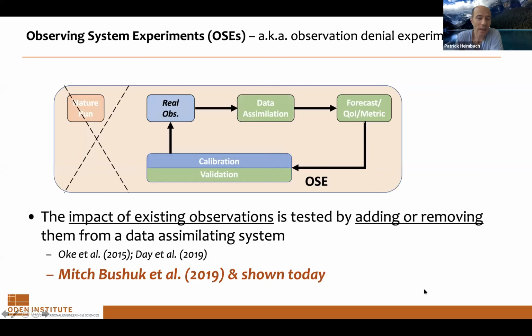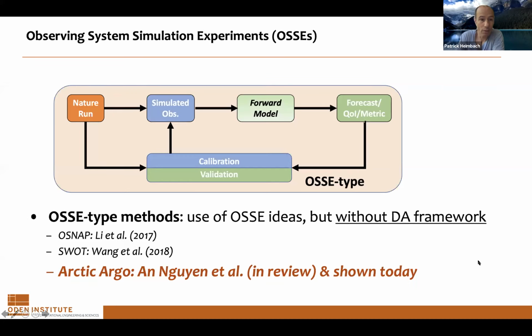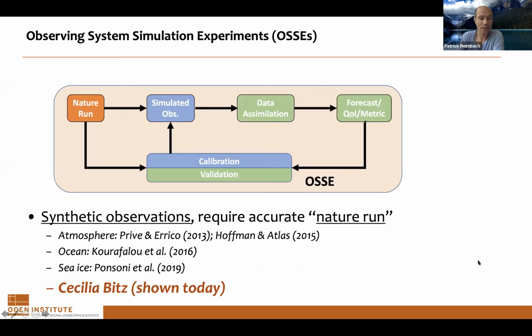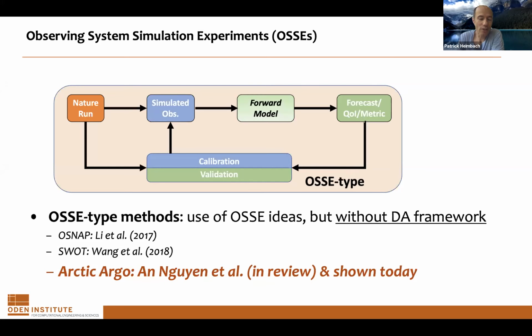Then a variation thereof is when you see this one box changing between data assimilation and forward model. We might call those OSSE-type methods. They're still observing system simulation experiments, but you do not include a data assimilation scheme.